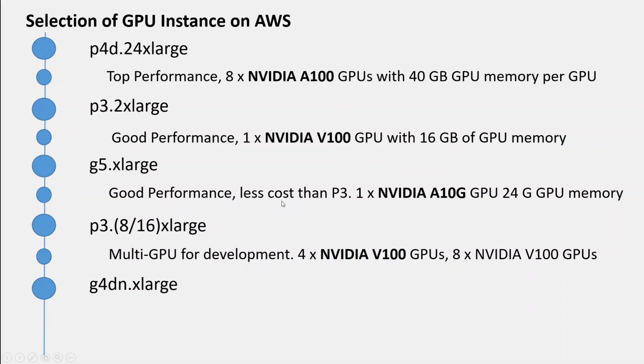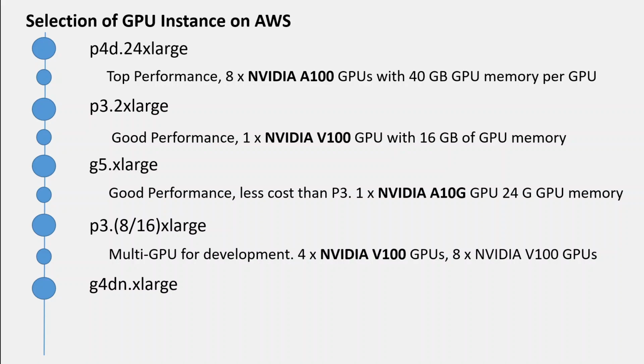So consider this: if you have a huge data set and you want to just develop your large language model instead of putting it in production, then go with P3. It has four NVIDIA V100 GPUs for 8xlarge, and 8 NVIDIA V100 GPUs for 16xlarge. This is more towards smaller models, data sets, and faster performance when it comes to developing these models.